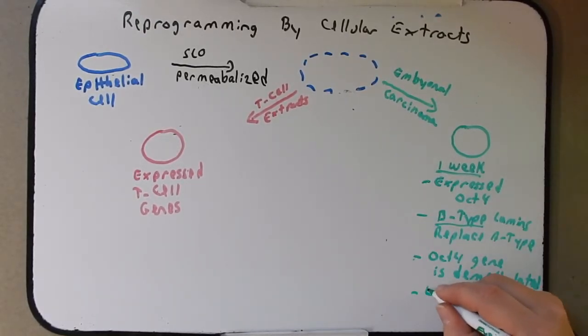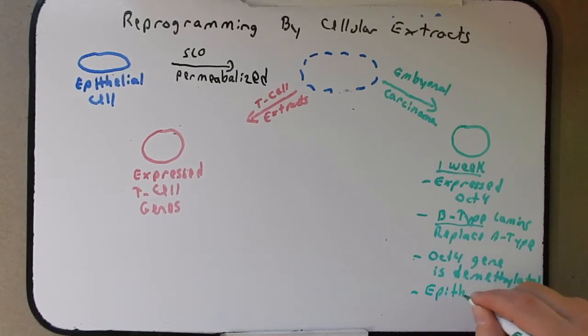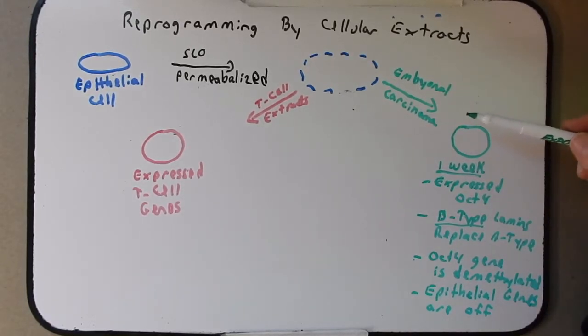And then lastly, epithelial genes are off now. So the specific transcription factors found in this stem cell, essentially this carcinoma cell, is able to convert this epithelial cell to a cell that resembles the embryonal carcinoma, and functionally it behaves as a pluripotent stem cell.